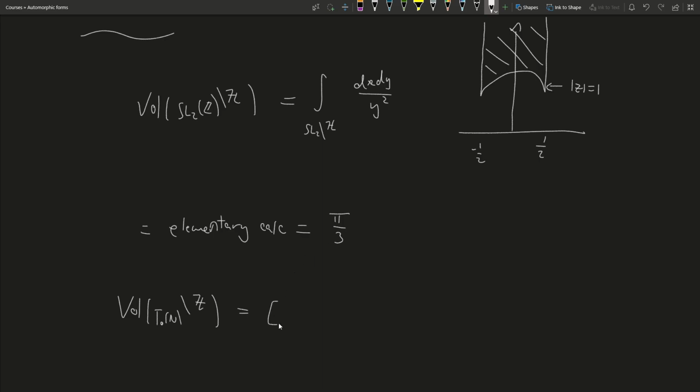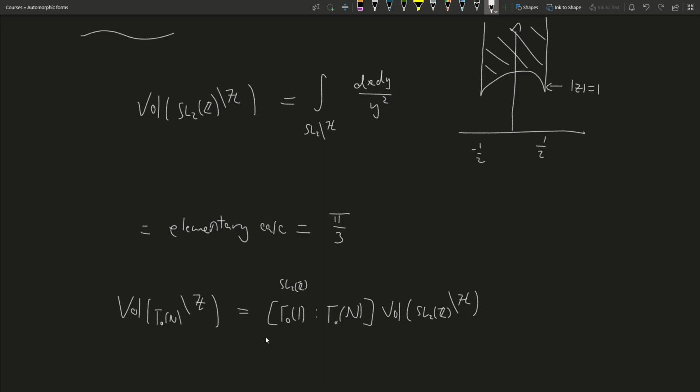So this is going to be the index of gamma naught n in gamma naught 1, which is SL2Z, times the volume of the upper half plane mod SL2Z.